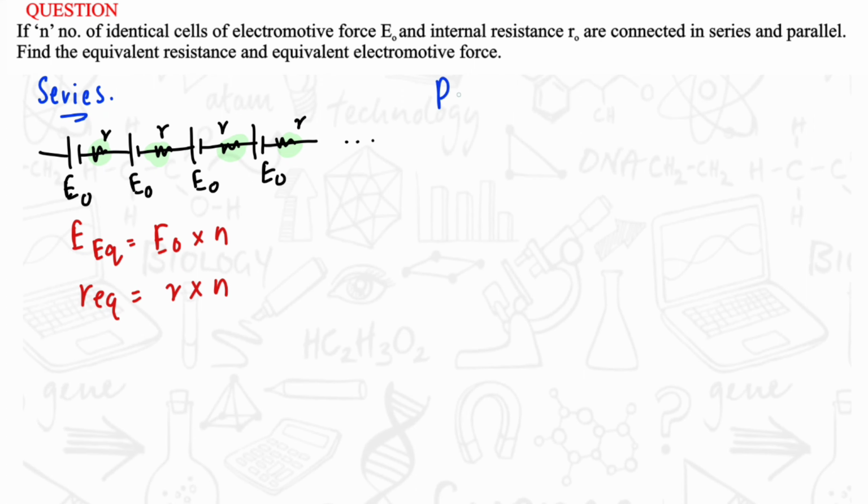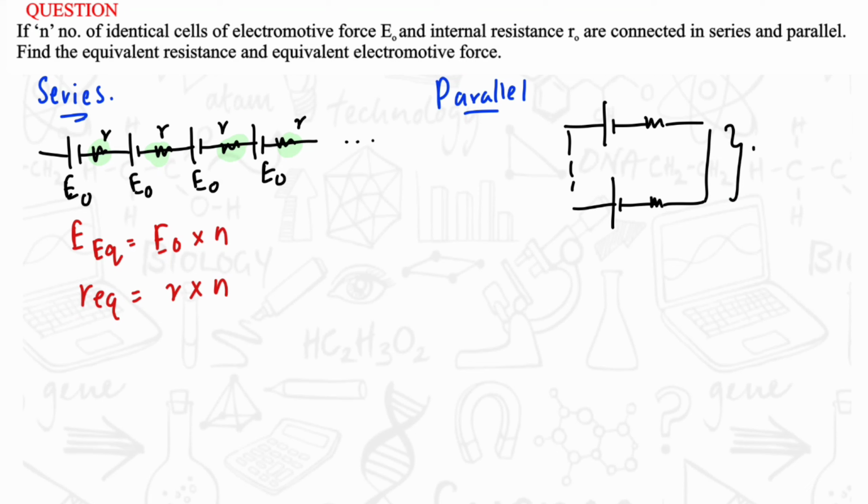If we consider the parallel case, we have n number of identical cells. The internal resistance is R0, and the electromotive force is also E0.